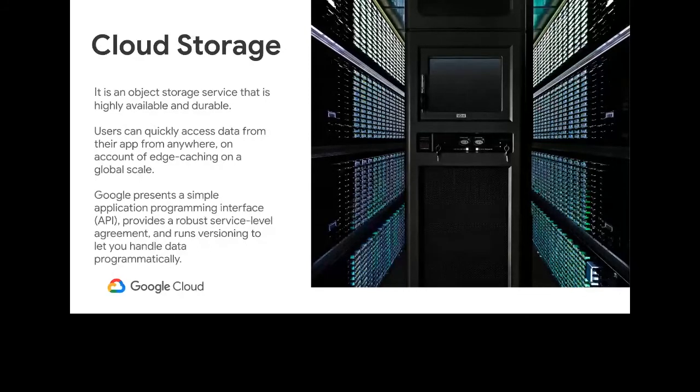When I say Cloud Storage, we have buckets. I mean, some infrastructure within Google Cloud wherein you can store your data. You can store your images, files, and these buckets in which you store the data are highly available and fully managed.